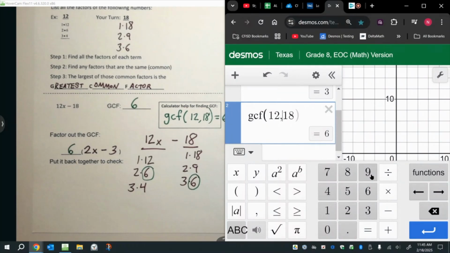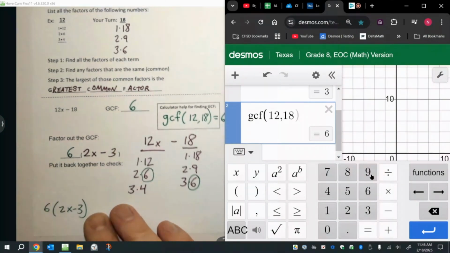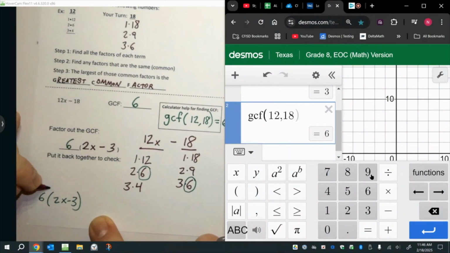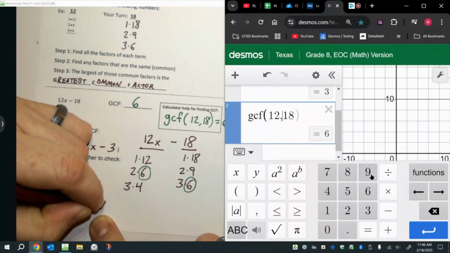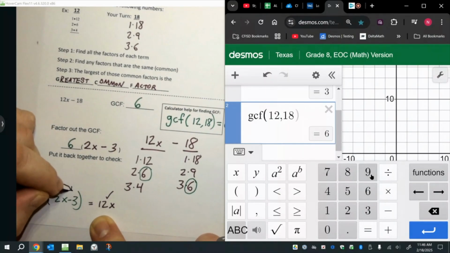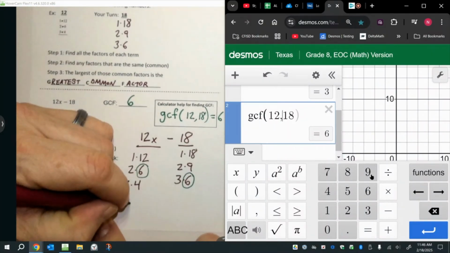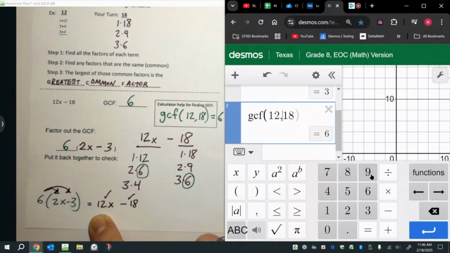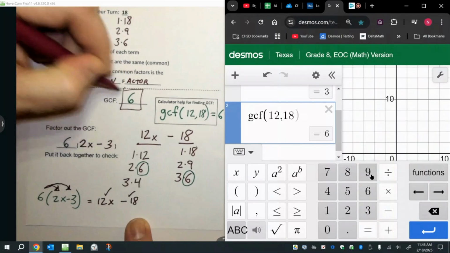Well, I would take 6 times 2x minus 3, and if I multiplied it back, distribute 6 times 2x, that's going to be 12x, so that's the same as that, so that checks out. And then 6 times negative 3 is negative 18, so that works out. So my GCF is 6, and that's what I was looking for.